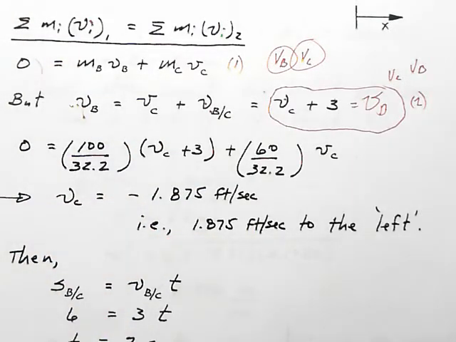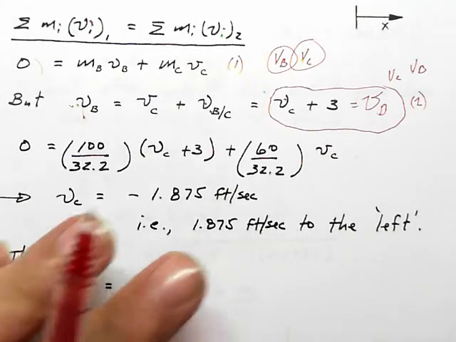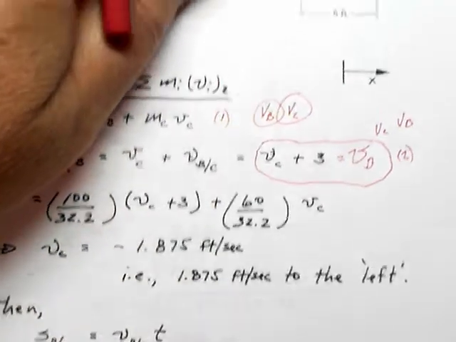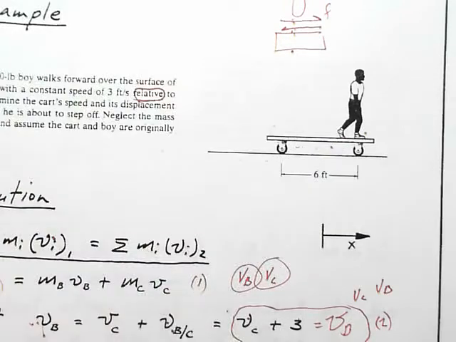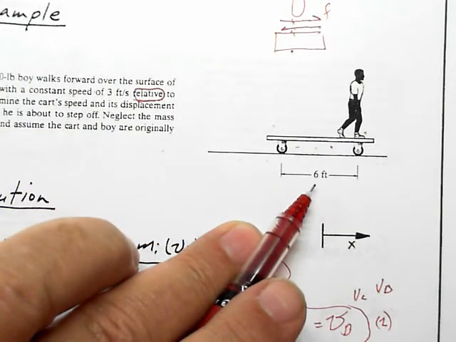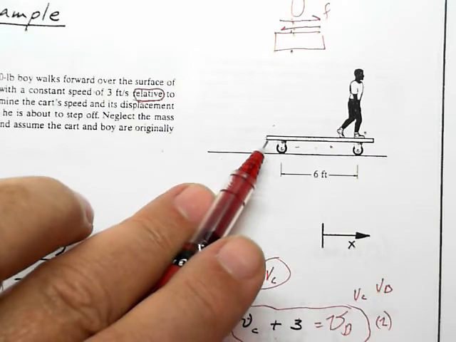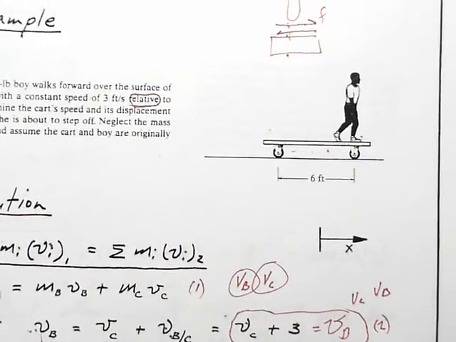Okay, now the question is, how far did the cart move? We know that the cart has acquired a constant minus 1.875 feet per second velocity, and if we knew how long it had that velocity, then we could figure out the distance it moved, because it's a constant velocity. Well, another way of answering the same question is to say, how long did it take the boy to walk all the way across the cart when the distance he had to walk was 6 feet, and he was walking at a relative speed on the cart of 3 feet per second?